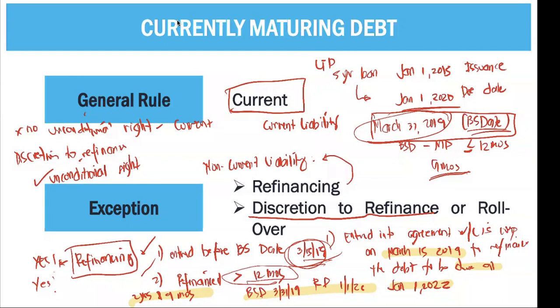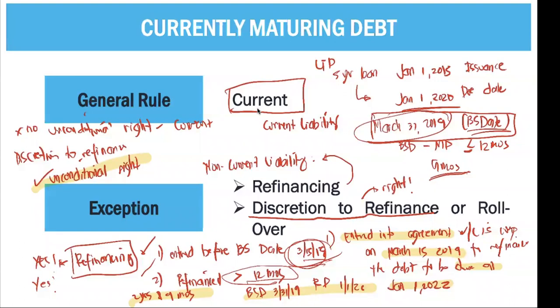Now, when we say you have unconditional right, it means, guys, that you do not need the permission of the creditor to refinance or roll over that particular liability because you have the discretion to refinance. Unlike in refinancing, you must enter into an agreement. Okay? Refinancing, you must enter into agreement. Here, it is considered a right.